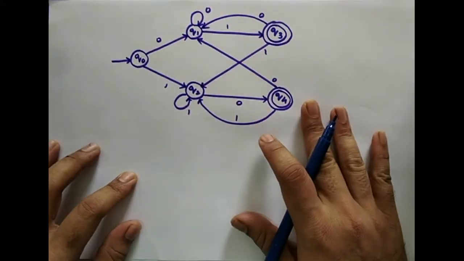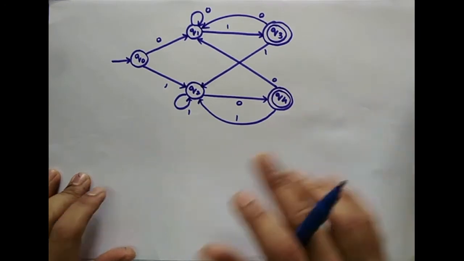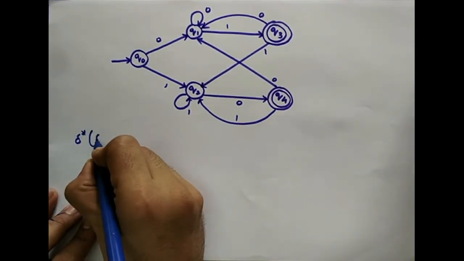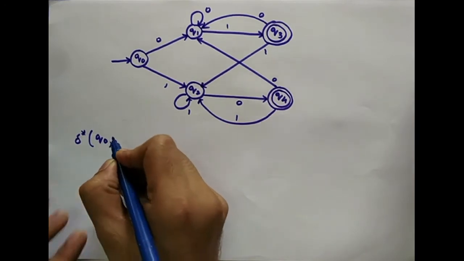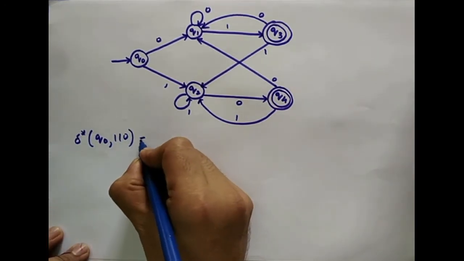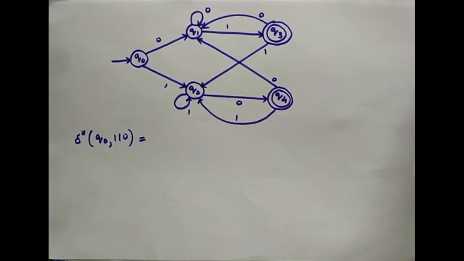Here we have an automata in front of us, and suppose we have to find out what is δ*(q0, 110), the transition on reading the string 110. Remember there are two formulas that we have just seen.